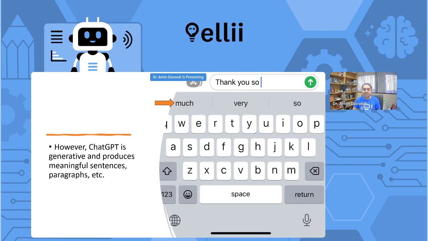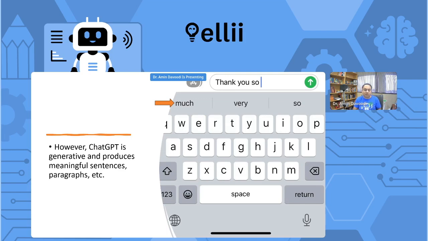This is the same pattern that ChatGPT uses, but multiply this by a million, because ChatGPT's input is almost everything on the internet. Decades of text produced by human beings. That is the input that ChatGPT receives.